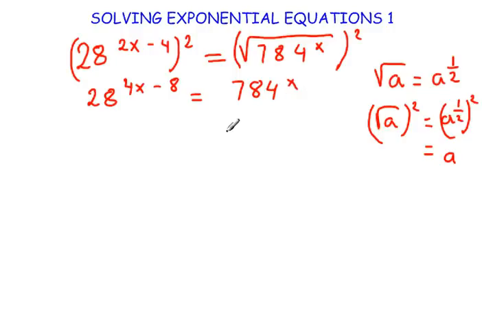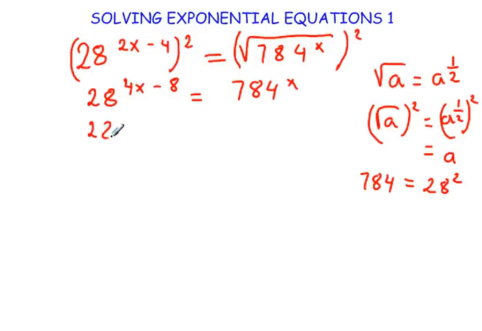Okay, so the next step will be to identify how can I match 28 and 784. By inspection, when you use your calculator, 784 is 28 squared. So you can check that. So now you're going to replace 784 with 28 to the power of 2.